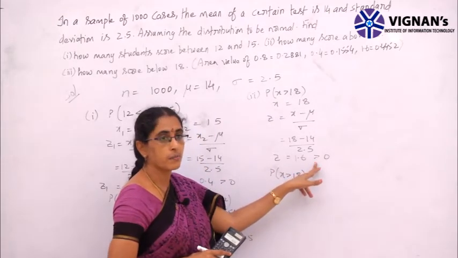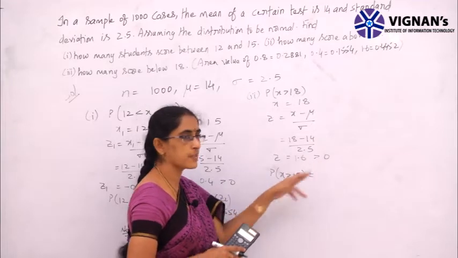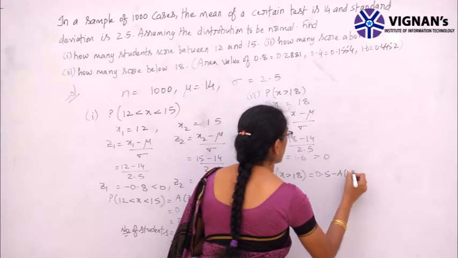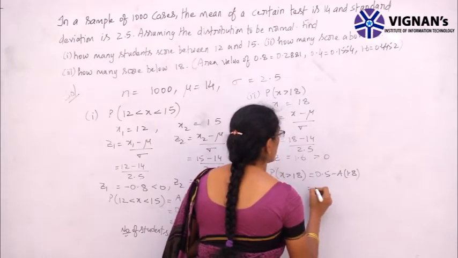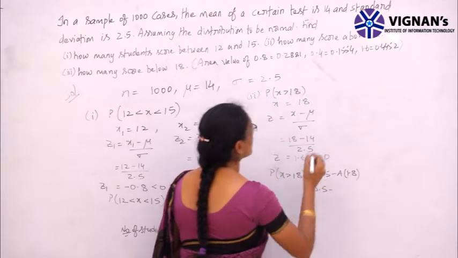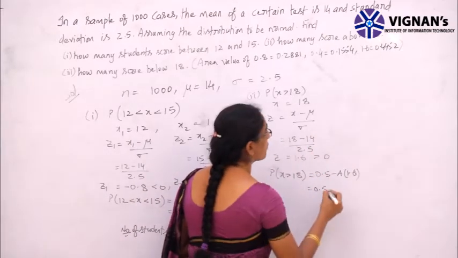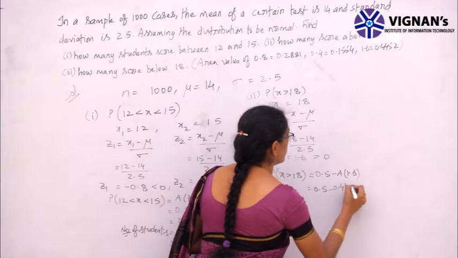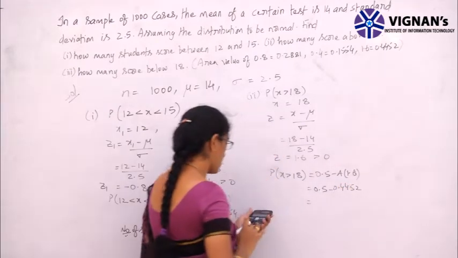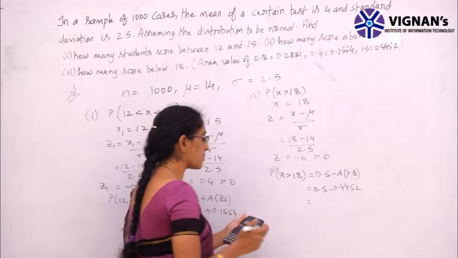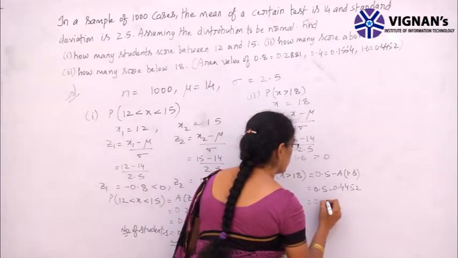The easy way to remember the formula is when both are of same sign, it is 0.5 minus area of 1.6 here. So 0.5 minus 0.4452. So 0.5 minus 0.4452 is 0.0548.